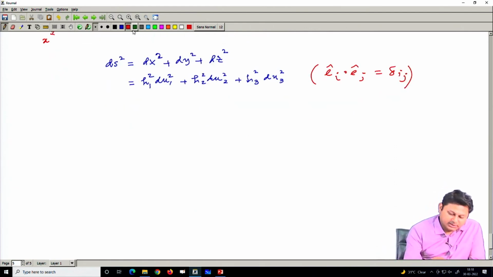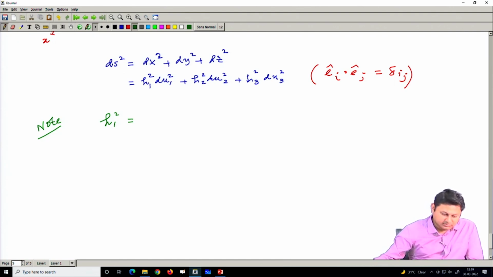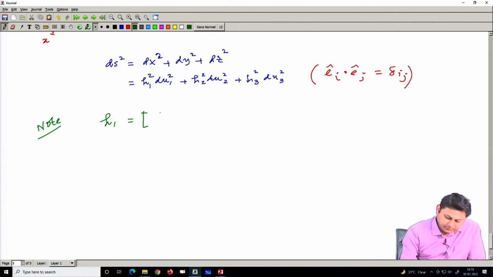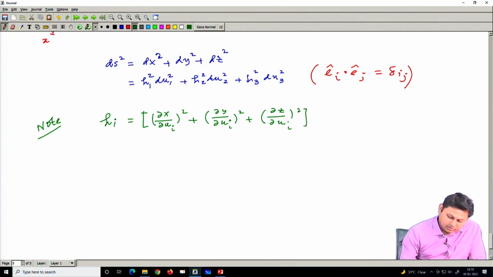So, from that I would like you to note here h_i, I can simply write it as the square root of (delta x by delta u_i) squared plus (delta y by delta u_i) squared plus (delta z by delta u_i) squared, that is, the whole to the power half.